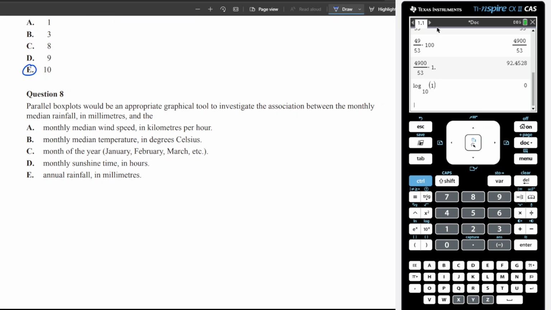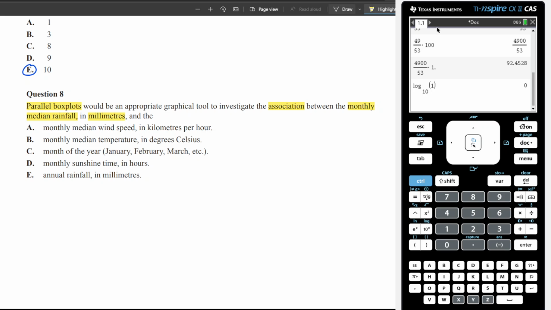So question 8 is going to be a question looking at bivariate data. And the reason we can say that is because it starts off by saying parallel box plots would be an appropriate graphing tool to investigate the association between monthly median rainfall in milliliters and what?